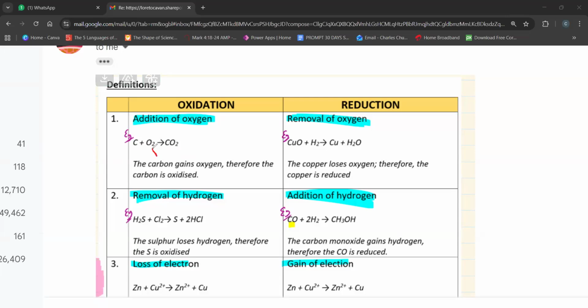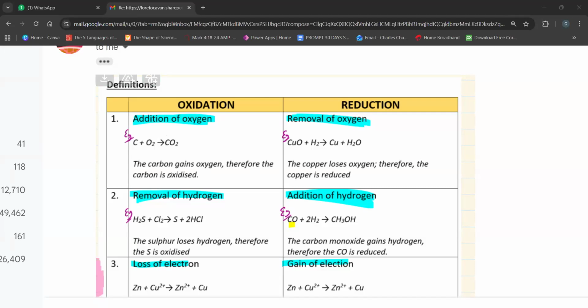In other words, you will always see oxygen as O2, not just O alone. I just thought to say that so that we take note of those little things. So this is oxidation. Carbon gains oxygen, therefore the carbon is oxidized.